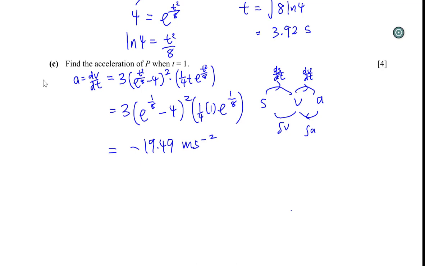Tap in the calculator again. And this one is wrong also. I even forgot to square it. Oh my god, so many mistakes. Yeah, you should get 6.98. This is the correct one.